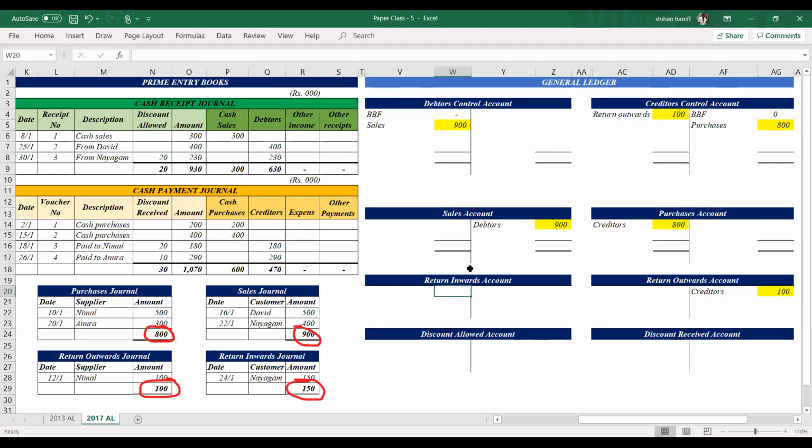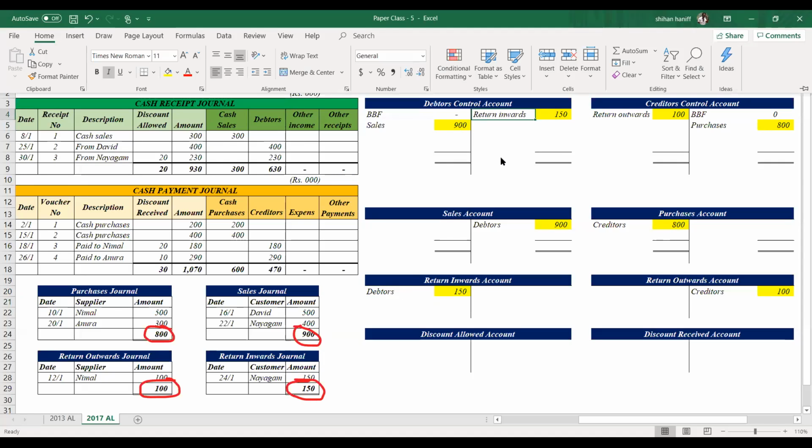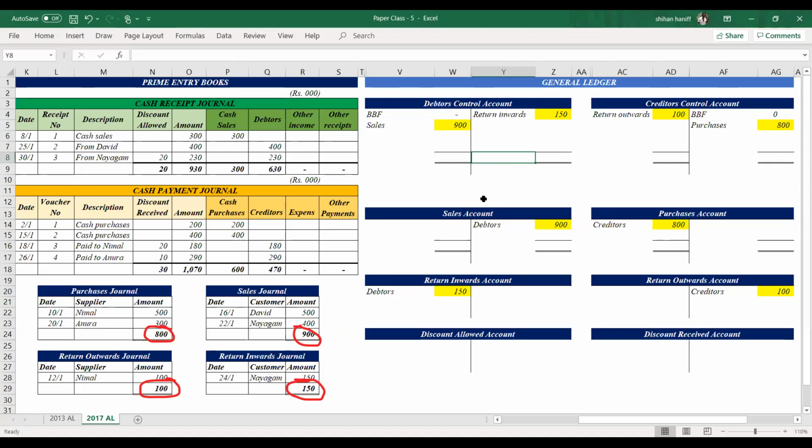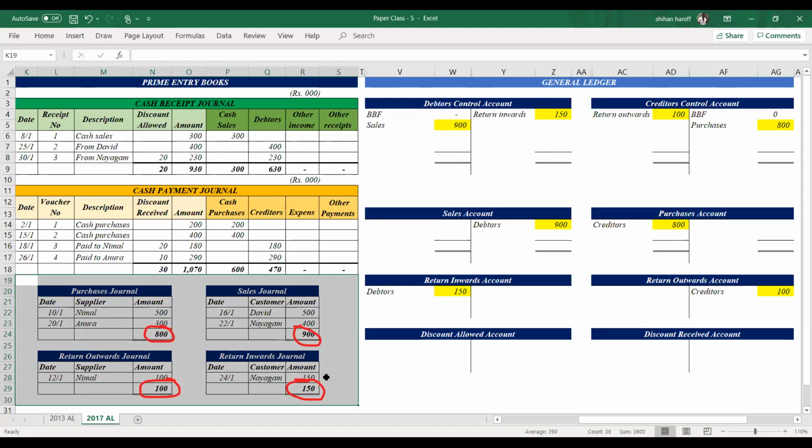Sales return: return inwards account debit, and the debtors account credit. Return inwards, it's 150. So we have recorded the transactions from the purchases, sales, return outwards, and return inwards.